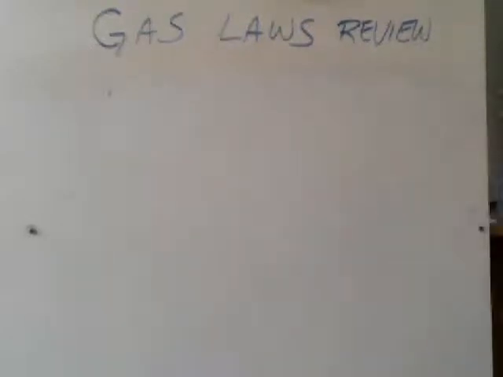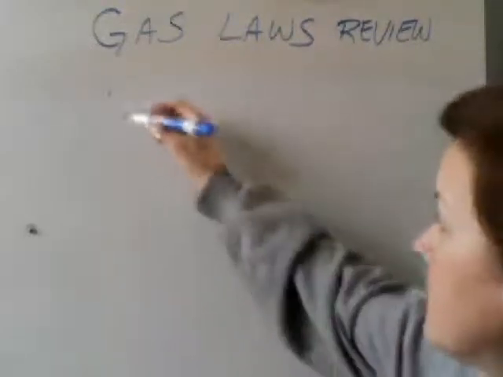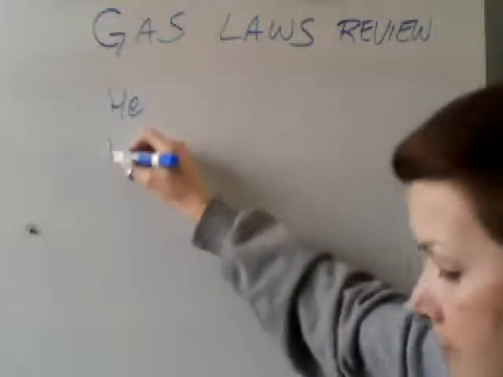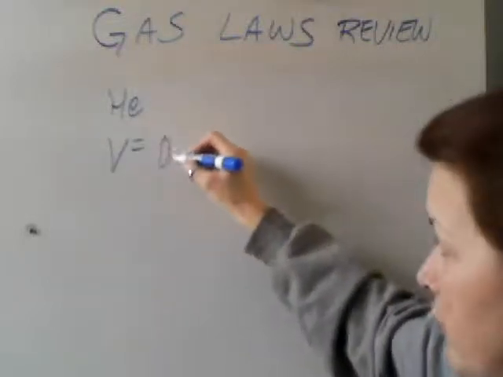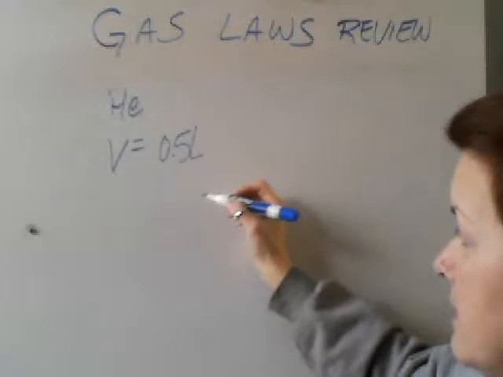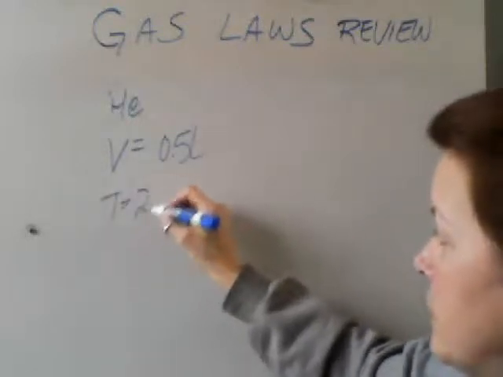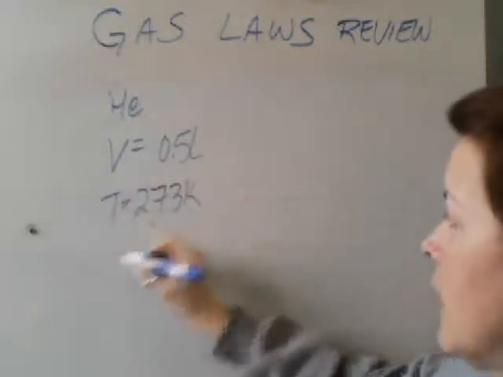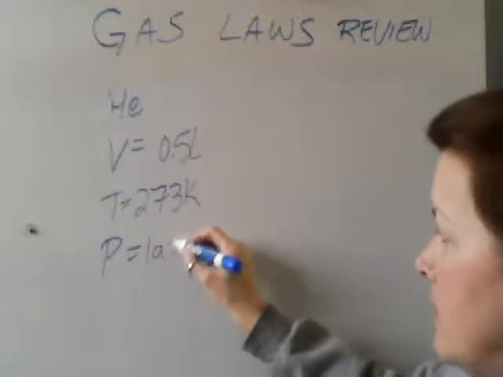Question number 6 says that we have a sample of helium that has a volume of 0.5 liters at STP. So we know that our temperature is 273 Kelvin. We know that our pressure is 1 atmosphere.